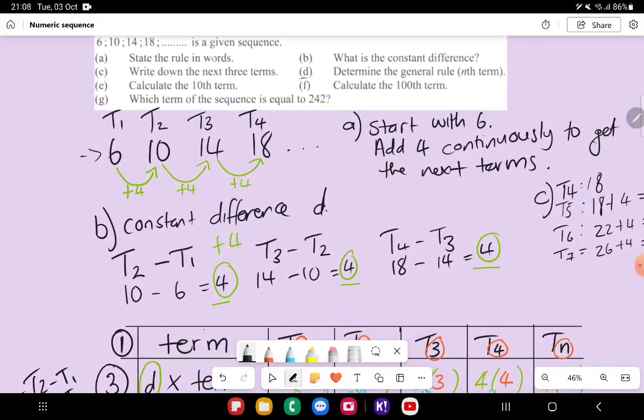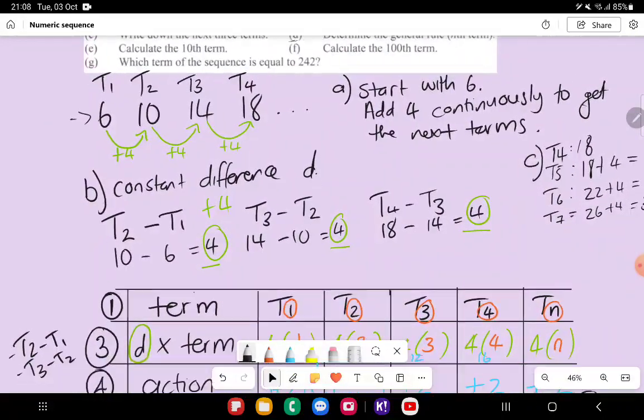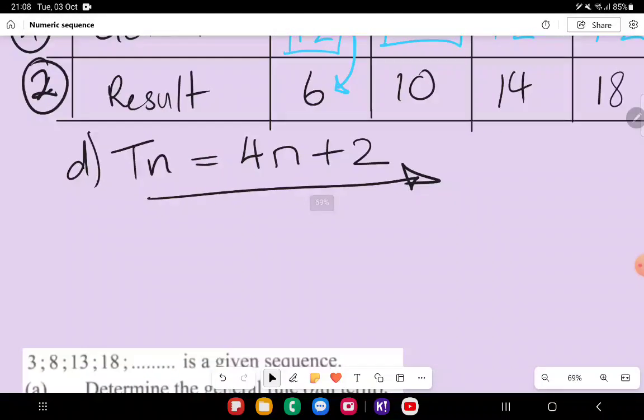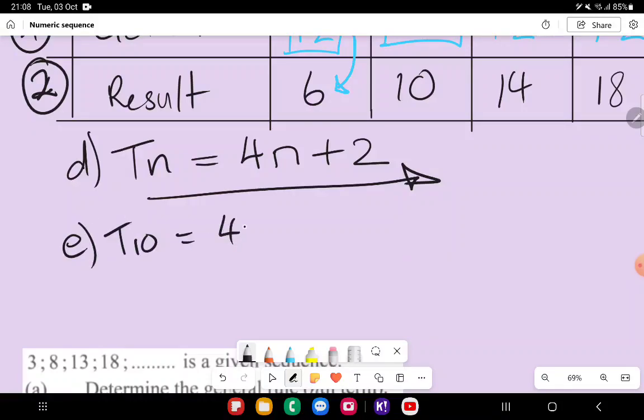Next question, calculate term 10. So now that we have this, we can now easily say for D, we're going to do E now. So E says term 10 is equal to 4 multiplied by 10, because this n is replaced with 10, plus 2. That gives me 40 plus 2.